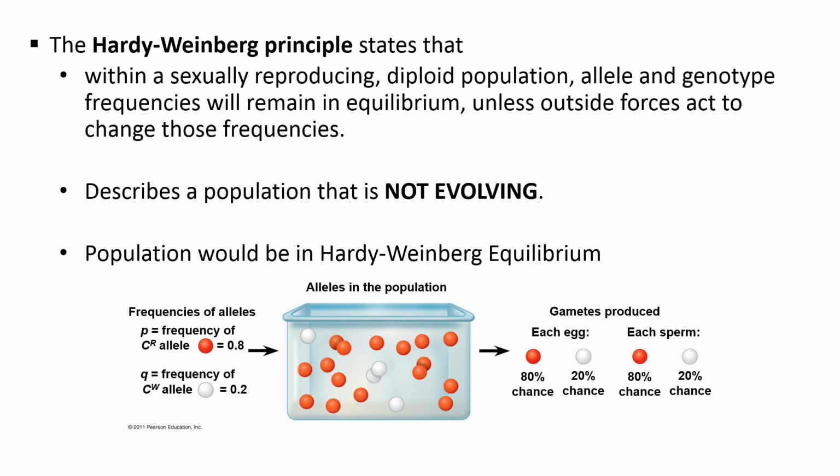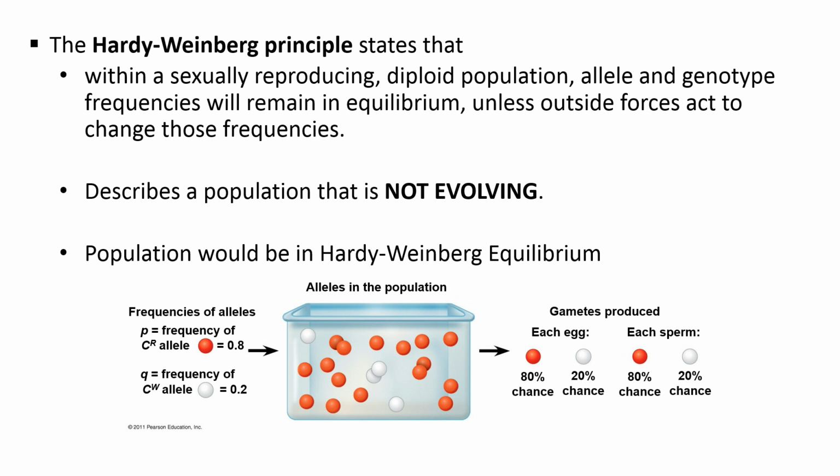For Hardy-Weinberg equilibrium, populations to be in equilibrium, or to not be evolving, we're talking about sexually reproducing organisms that are diploid. Their allelic and genotypic frequencies remain constant from one generation to the next, and to the next, and to the next.